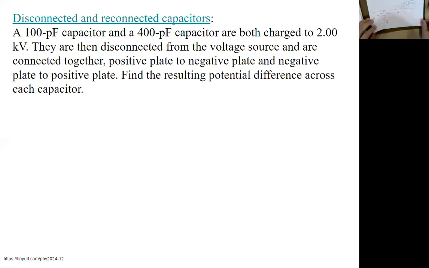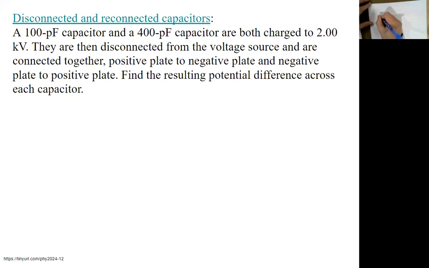It says if you have a 100 pF, which stands for picofarad, times 10 to the negative 12, capacitor and a 400 picofarad capacitor, both charged to 2.0 kilovolts. So they are charged by the same power supply, which means they are originally in parallel to each other. Let me draw the configuration for you guys to visualize the problem.